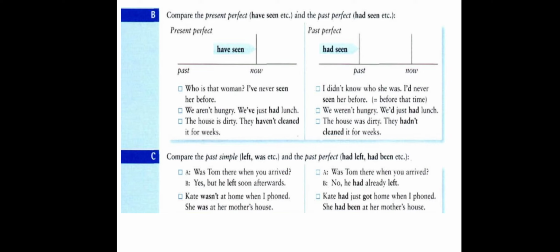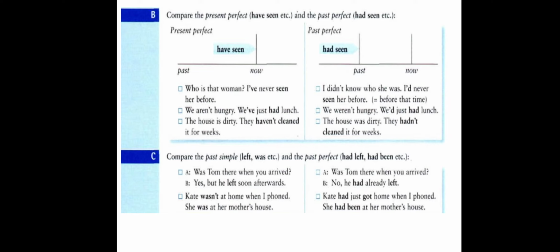An action is extended from a past point until now, and you speak about the action now. It has a relationship with now. So you say present perfect simple: have or has plus past participle.